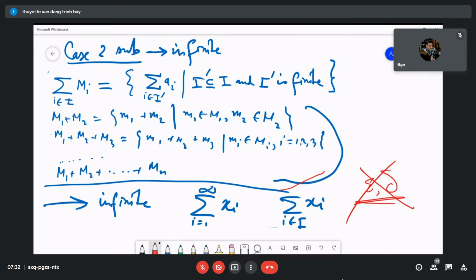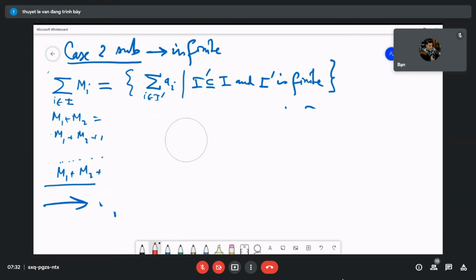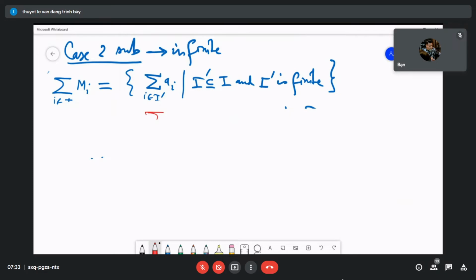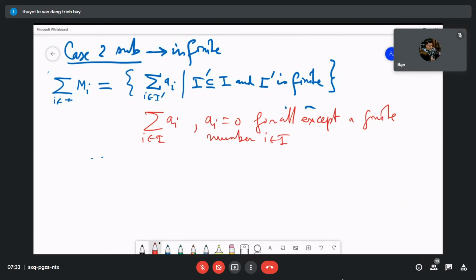That means we can take a sigma of ai, and one method is to write it like this: the sum of ai with i in I, where ai is equal to 0 for all except a finite number of i.